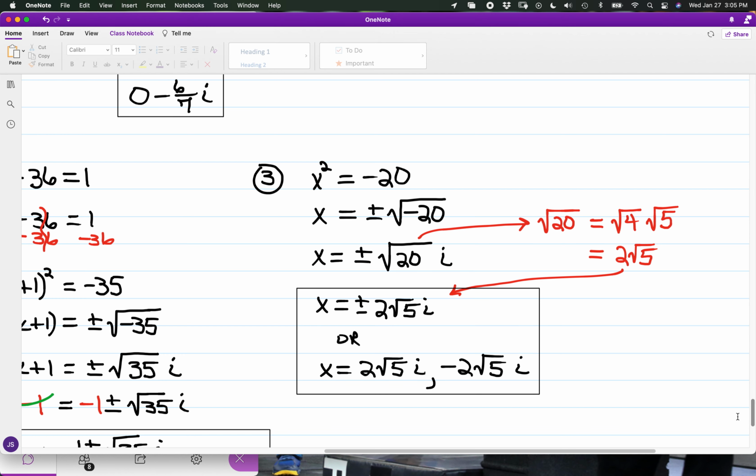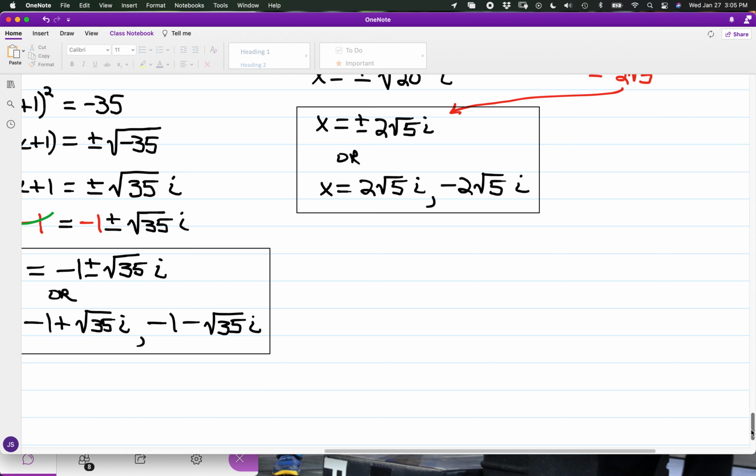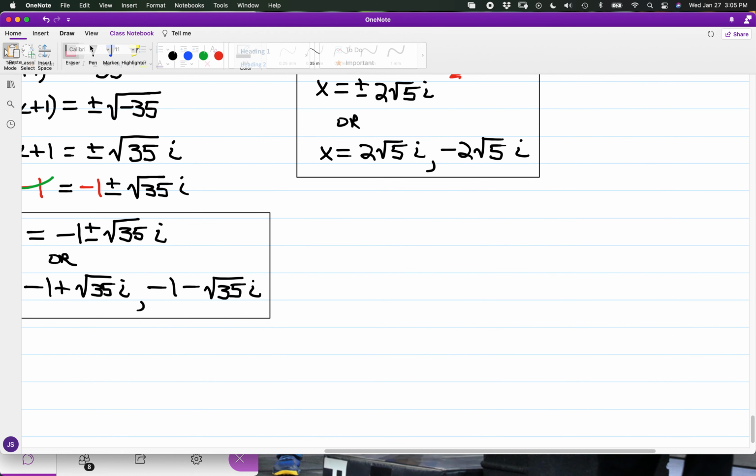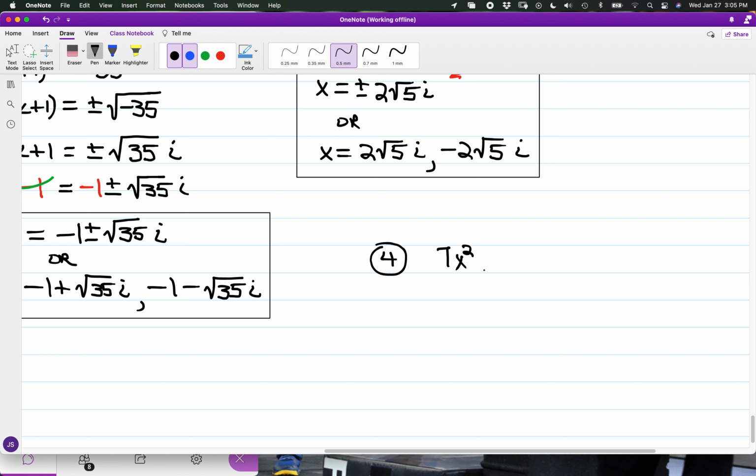Okay. Now we have a case where we have a set of complex roots. Let's say we have something like 7x squared plus x plus 3 is equal to 0.